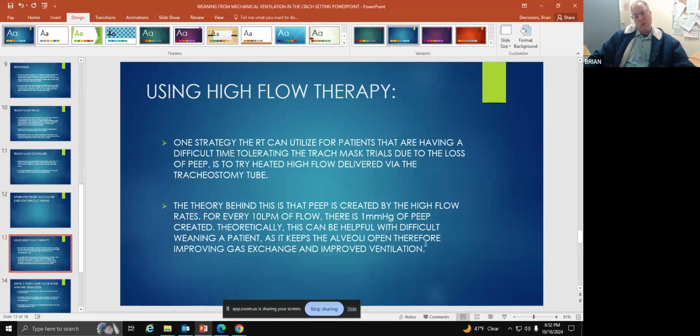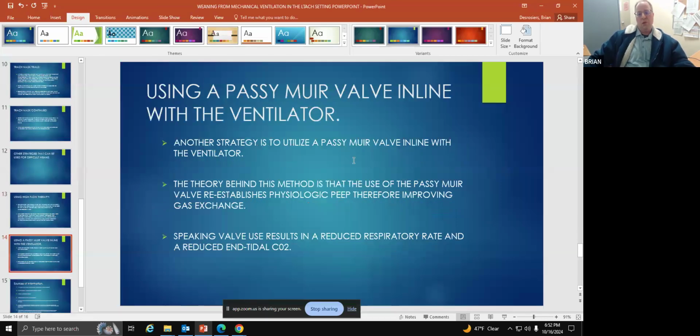One of the other things that can be useful is using a Passy-Muir valve in line with the ventilator. Again, a Passy-Muir valve is a speaking valve. It's a one-way valve. It usually works where the patient takes a breath in through their trach, and then the valve closes and they exhale through their upper airway. That allows air to pass through the vocal cords and allows them to speak.